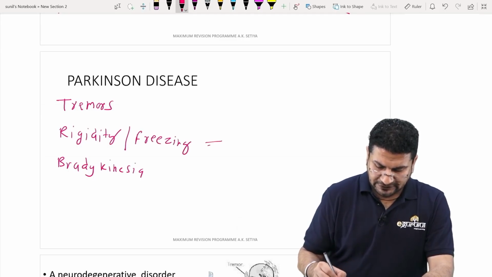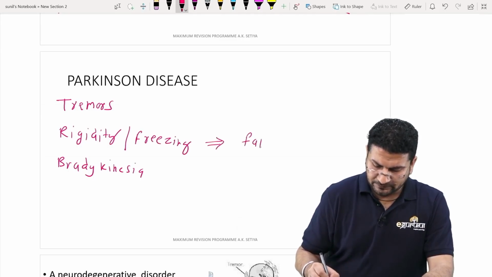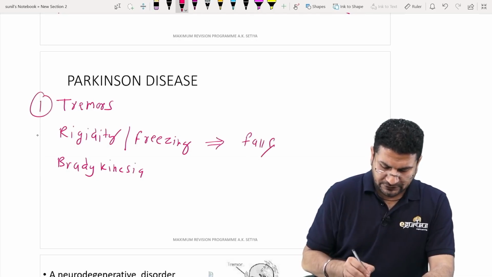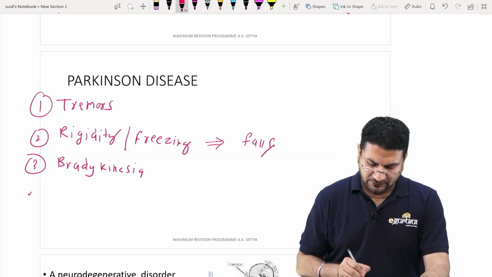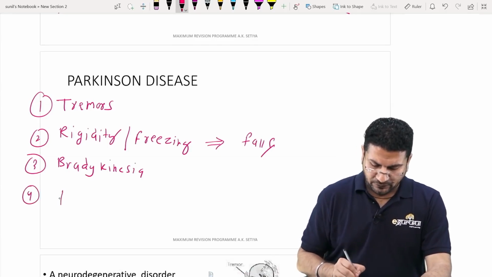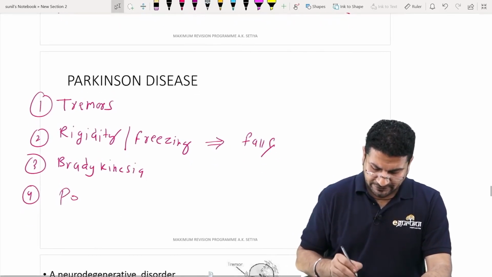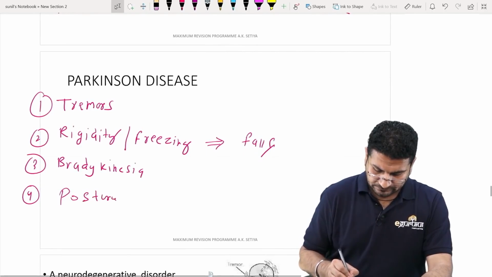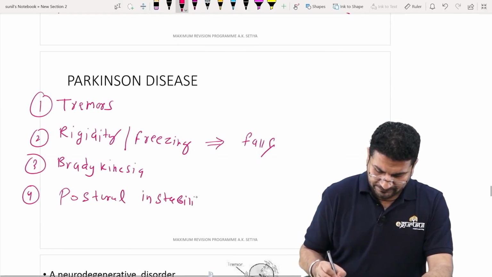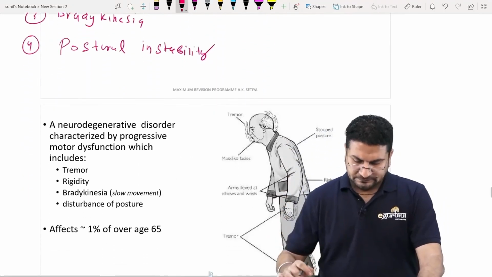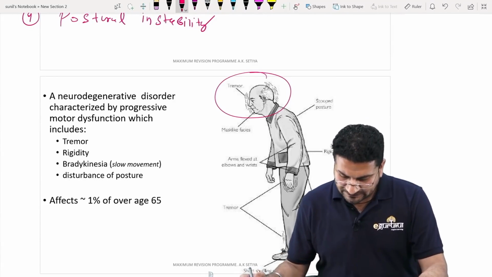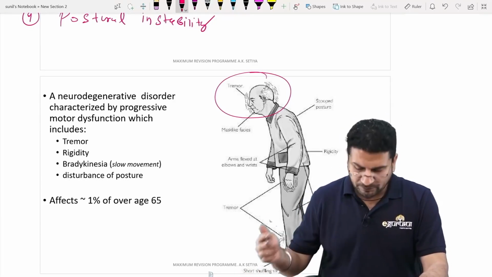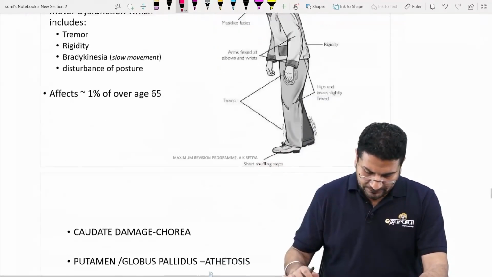And because of this kind of attitude, they will have frequent falls. So they ask a question in exam: all are features of Parkinson except. These are the triad. The 4th feature will be postural instability. You can see the patient will have mask-like face, expressionless face. There will be reduced arm swinging, stooped posture.